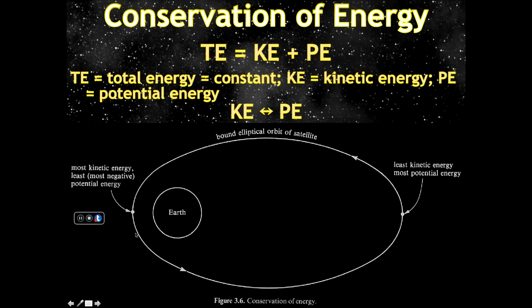At this point it is converting kinetic energy to potential energy. It's working against gravity, it's moving away, and it's converting energy until eventually it's got to a point where the potential energy is very high and there's basically no kinetic energy left for it, and so it has to pull back in.